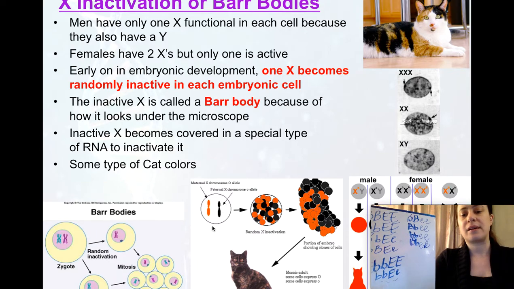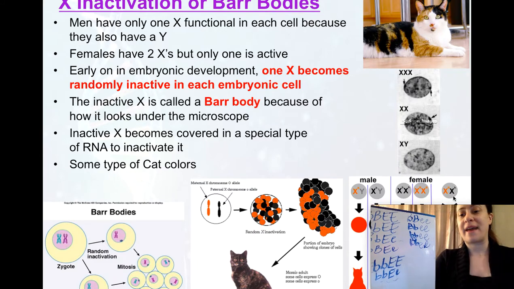But the female who would have two black X's, whichever one gets shut off, they're all black anyway, so that female would appear black. The red female, the case would still be the same.